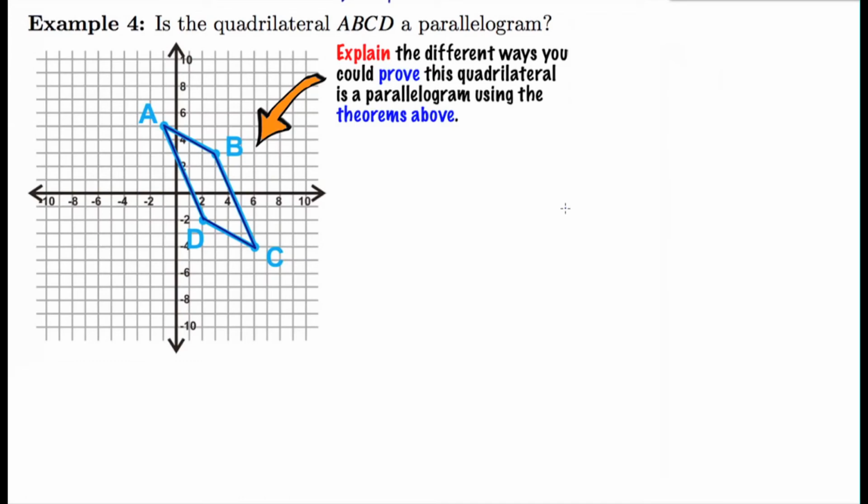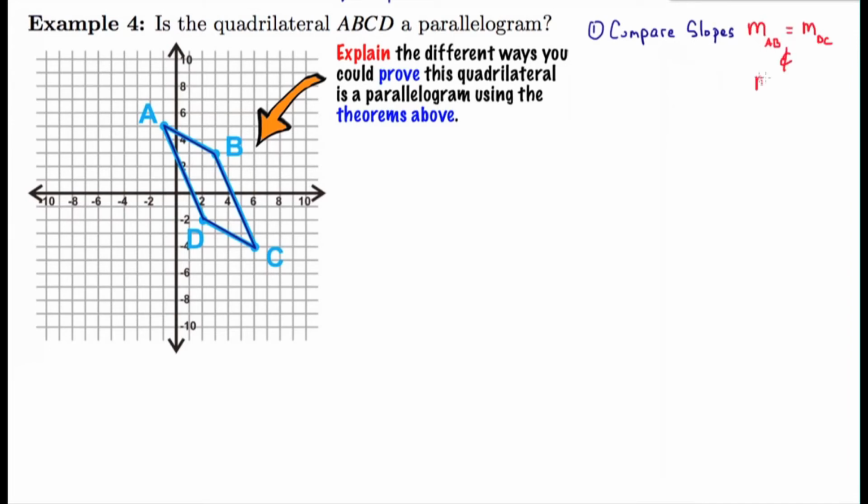Example 4 is the quadrilateral ABCD a parallelogram? Explain the different ways you could prove this quadrilateral is a parallelogram using the theorems above. Okay, so the first thing we could do is compare the slopes.